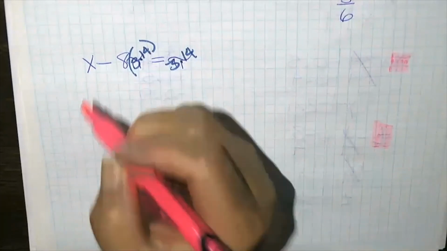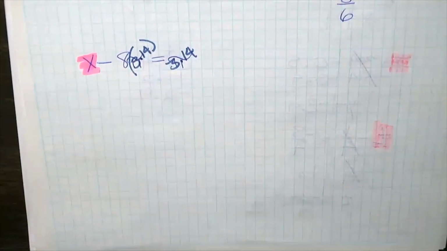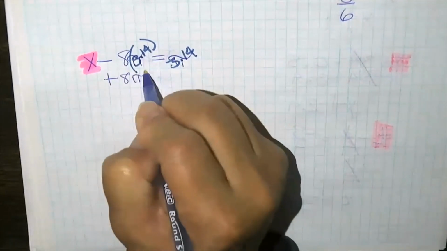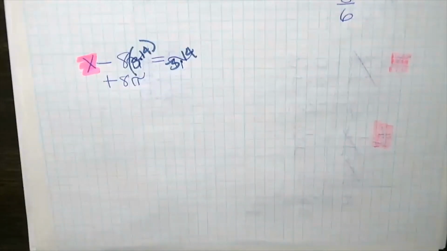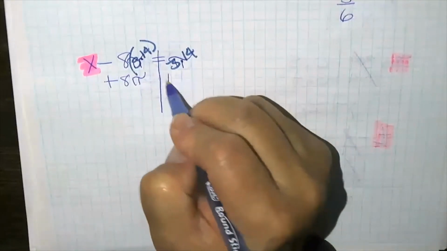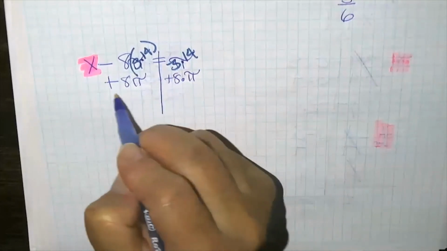So I still want to isolate my variable. And now I need to get rid of this negative 8 pi. So I'm going to add 8 pi. What I do to one side, I must do to the other.